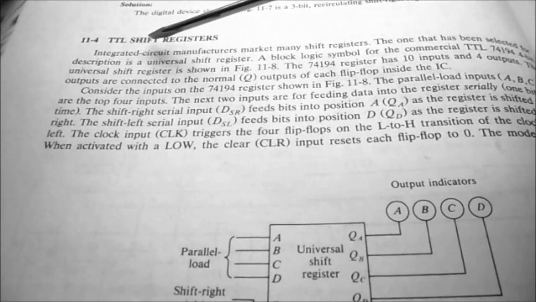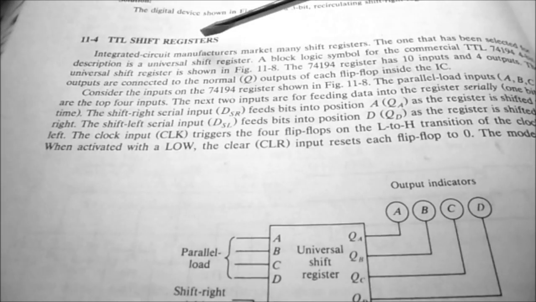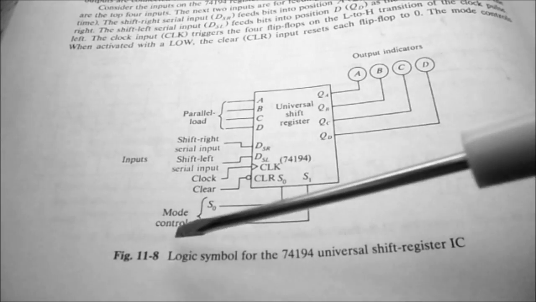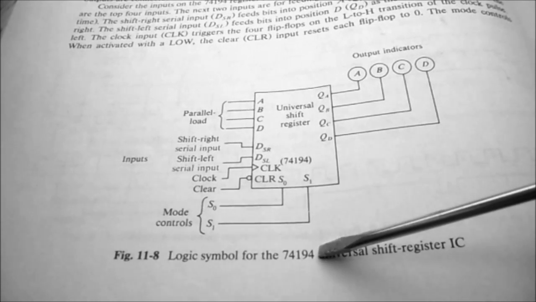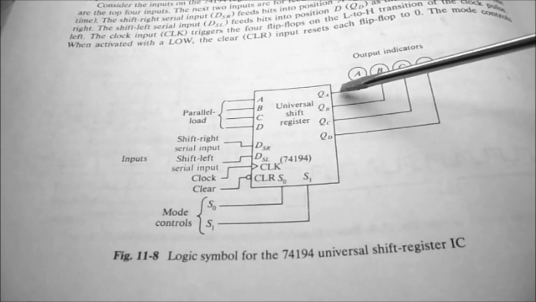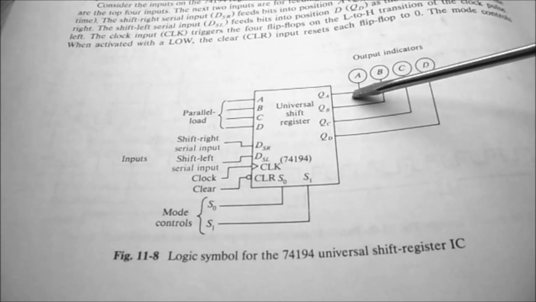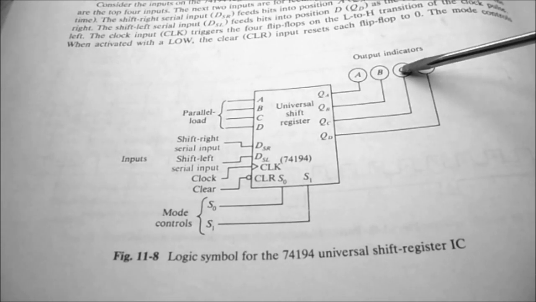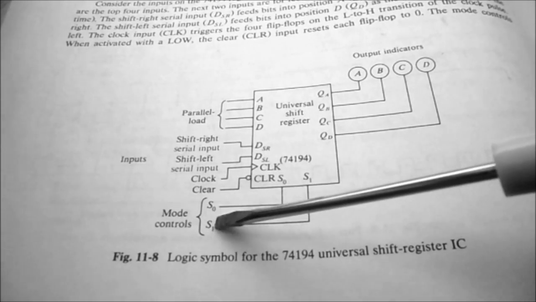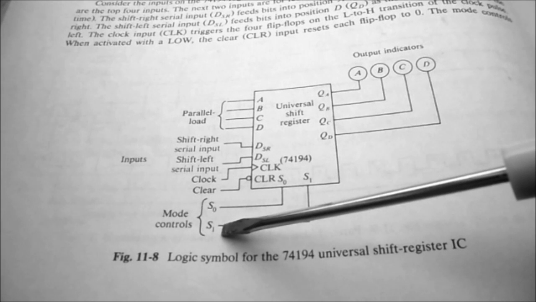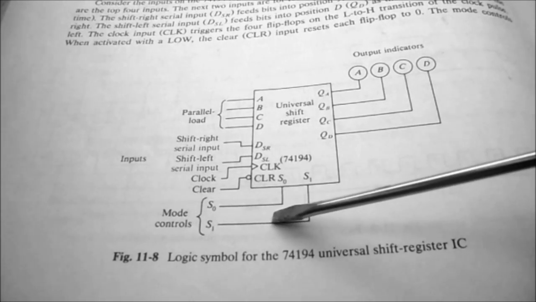So 11-4 in your textbook talks about TTL shift registers, and figure 11-8 gives you the logic symbol for the 74194, and you can see that they've labeled their output so that A comes from QA, followed by B, followed by C, and then lastly by D. We have 2 mode controls, and there's a separate table just to talk about the mode controls.